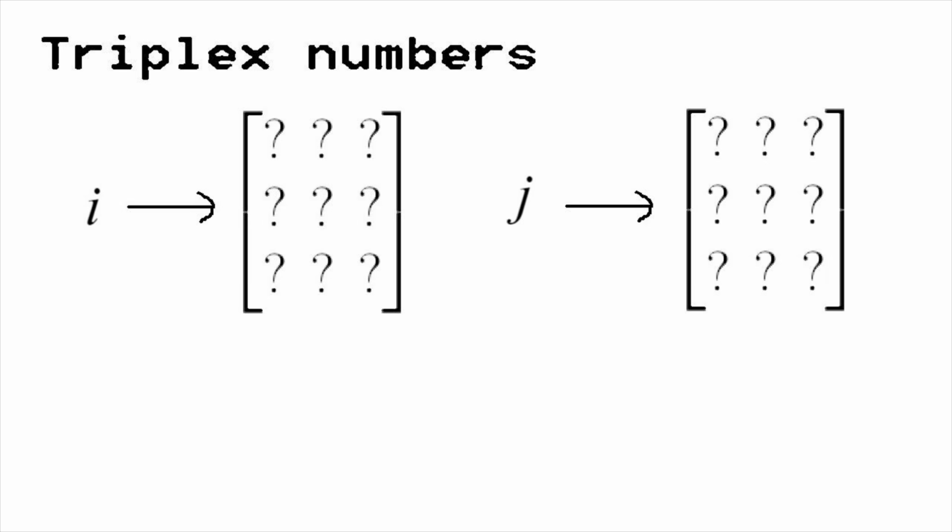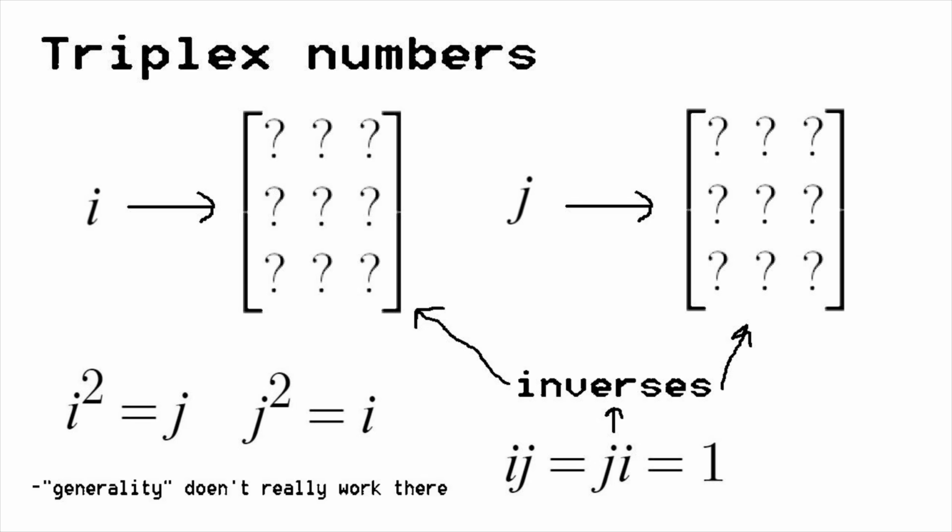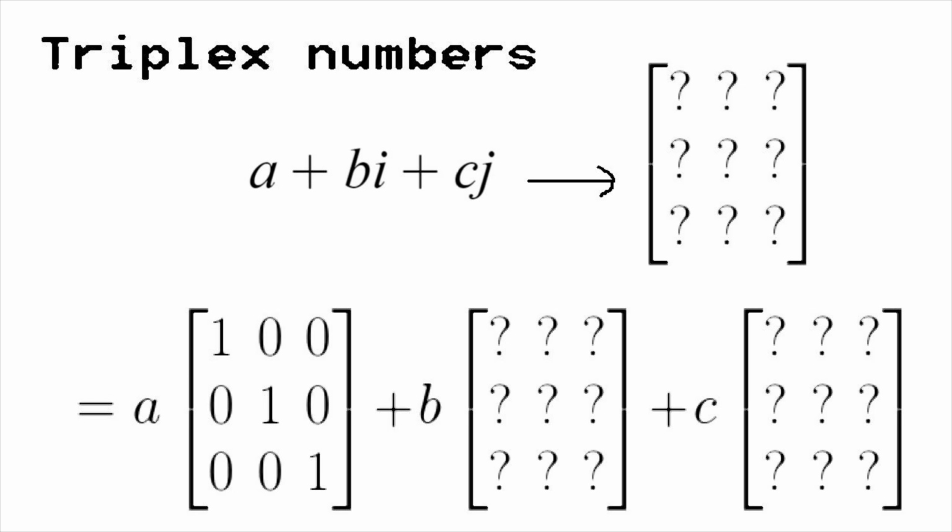Well, i times j equals 1, so the matrices should be inverses of one another. In addition, i squared equals j and j squared equals i, so each should square to the other one. The definition is pretty symmetric, so which matrix goes to which component should produce no loss in generality. All that said, the matrix representation that fits the bill looks like this.